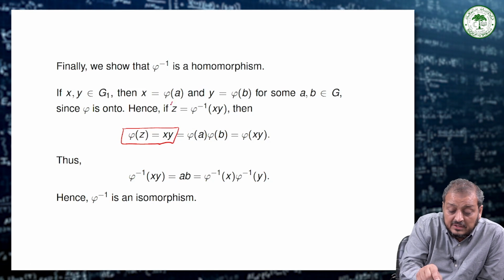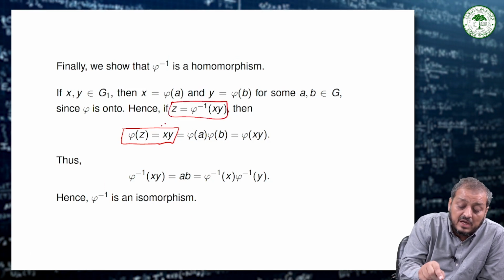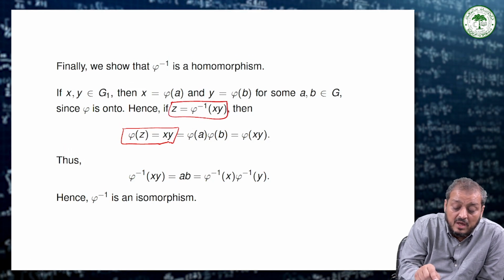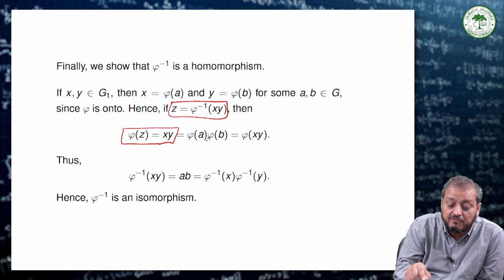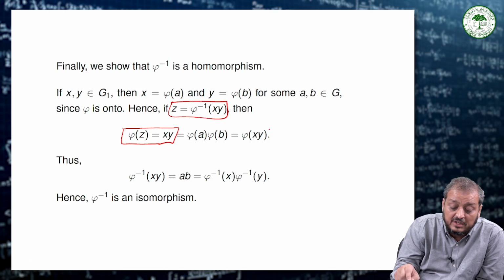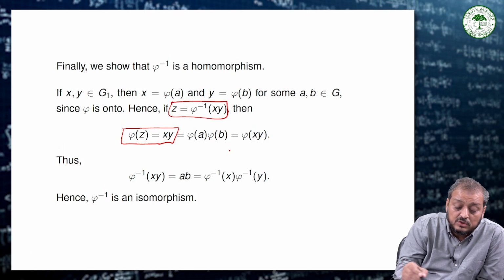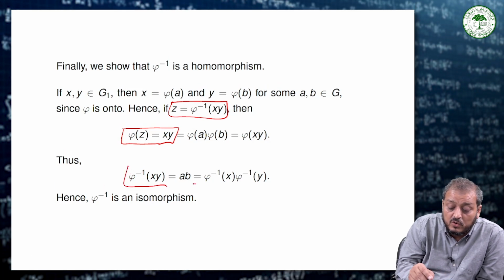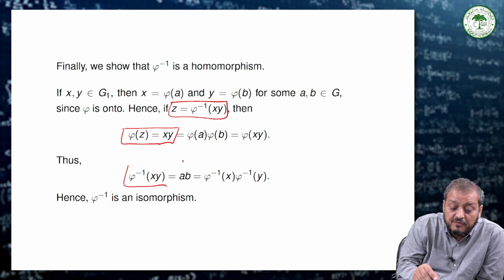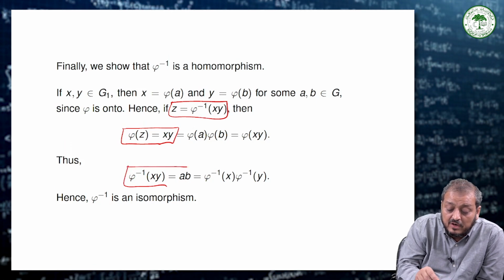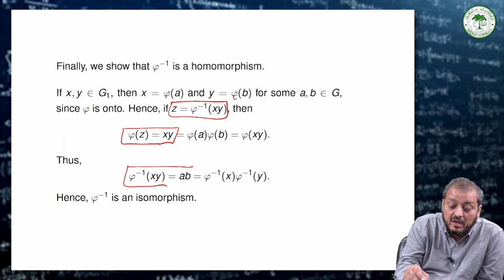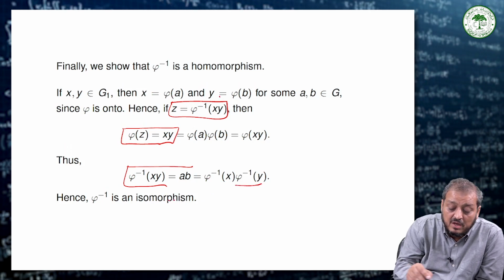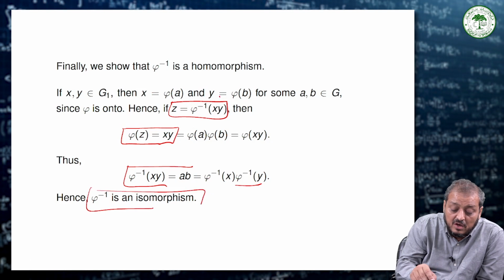Then xy is equal to phi of a times phi of b, which is phi of ab. We can show that phi inverse of z is equal to phi inverse of xy, which is equal to ab. And if phi inverse of xy is equal to ab, then a is equal to phi inverse of x, and b is equal to phi inverse of y.